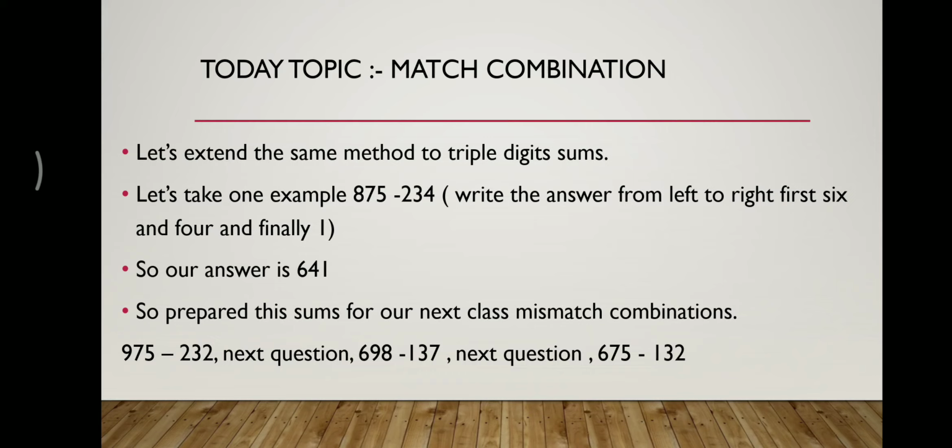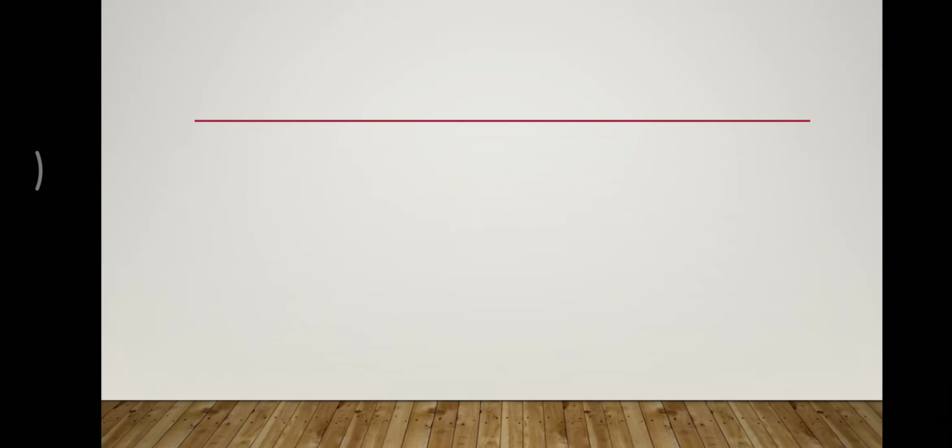For example, 975 minus 232. Next question, 698 minus 137. Next question, 675 minus 132. These three examples are match combinations. Answer them in the comment section by Vedic maths, not by calculator.